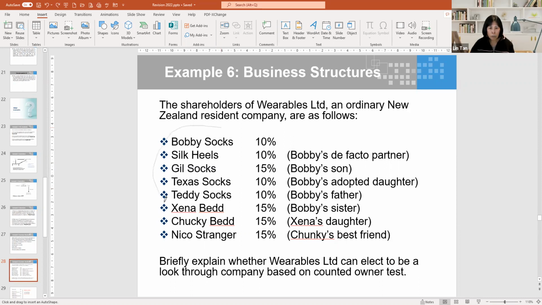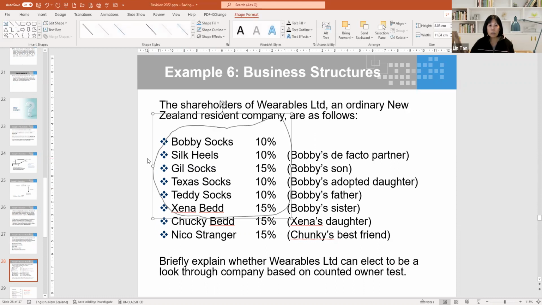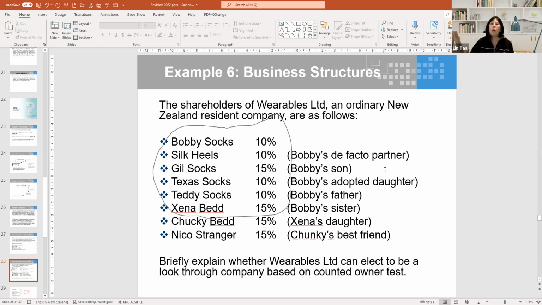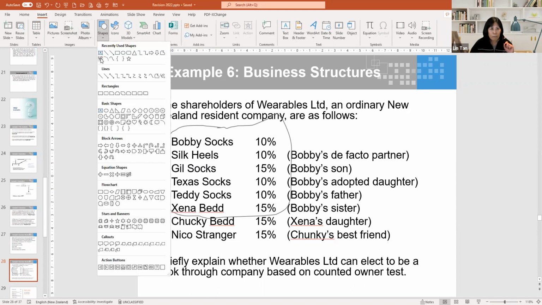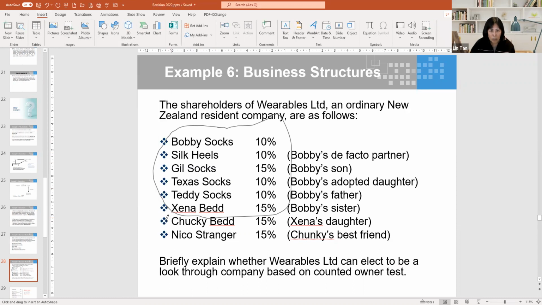So we have up to here, up to the sister, which is counted as one person, one owner. And then we have Zena's daughter as another person.